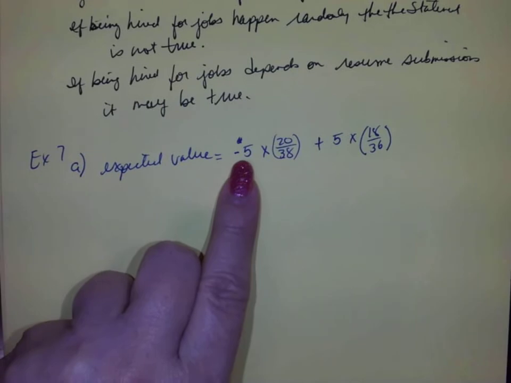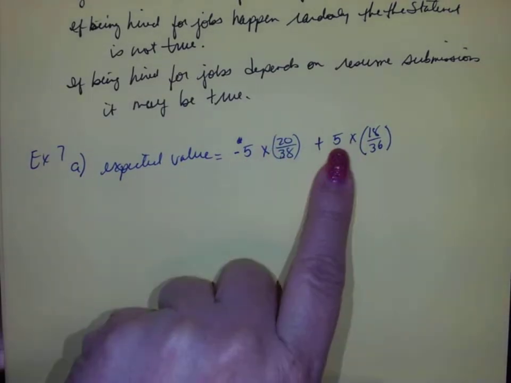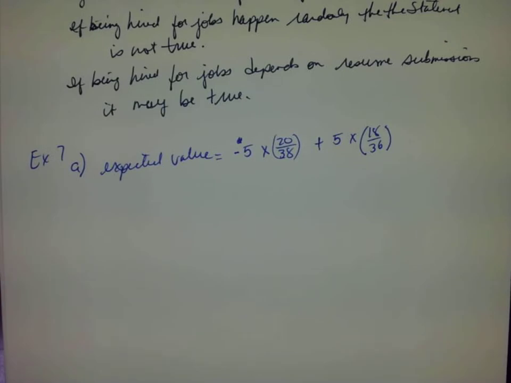Because it's a negative for the loss of 20 out of 38 and then positive for the win of 18 out of 38 if it's odd.